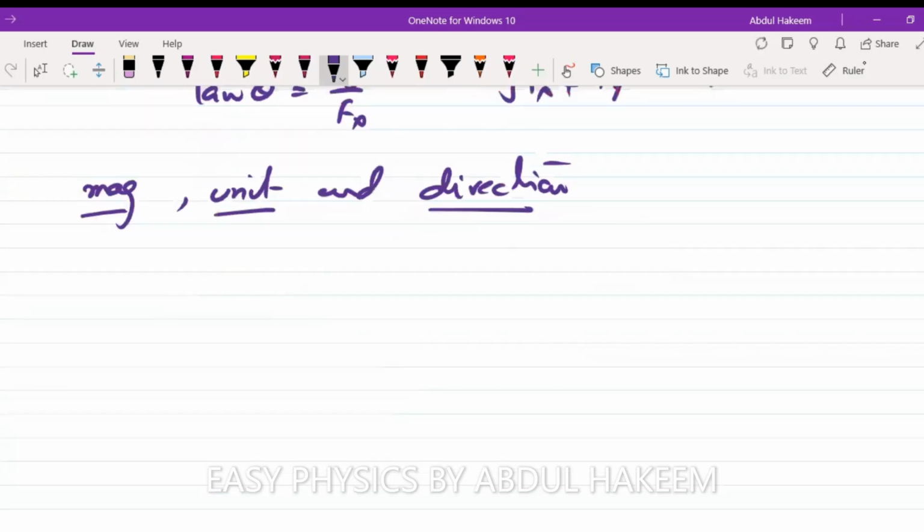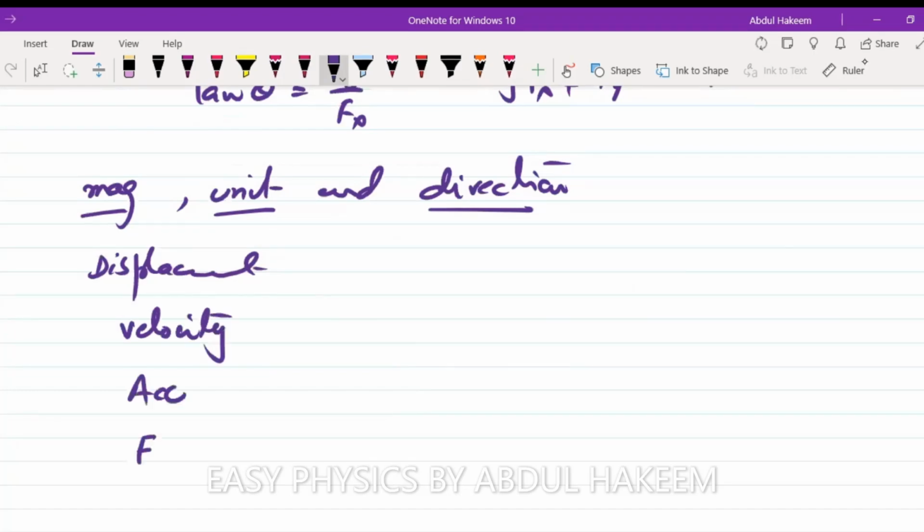So in this syllabus, the first vector is the displacement. The second is the velocity. Then acceleration. Then all types of forces: tension, centripetal force, weight.